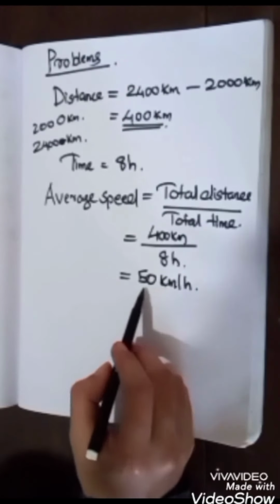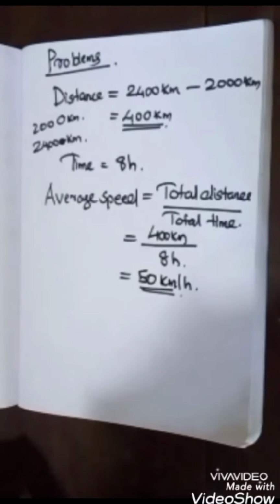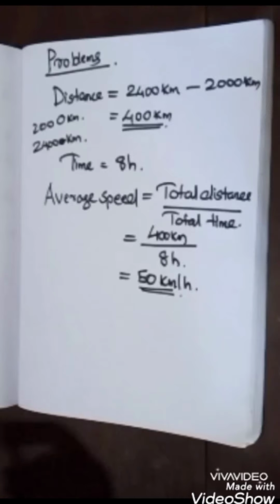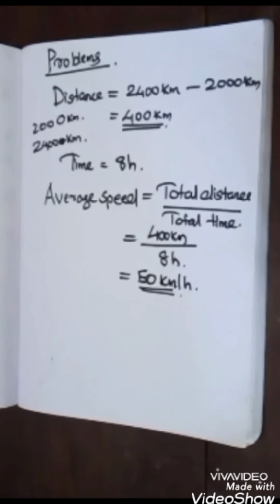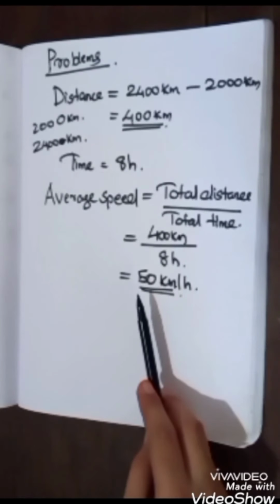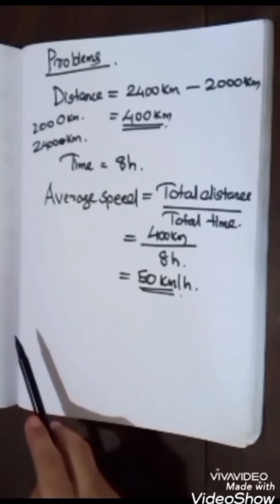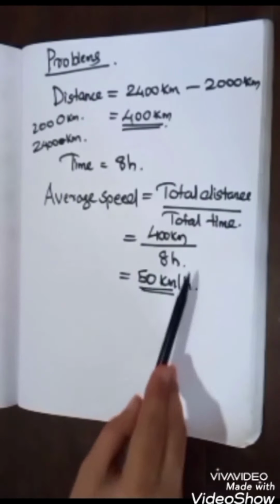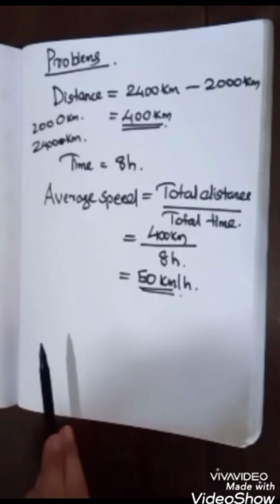We have to find the answer in kilometer per hour and in meter per second. In kilometer per hour, the average speed is 50 kilometer per hour. Then we have to convert this answer into meter per second.